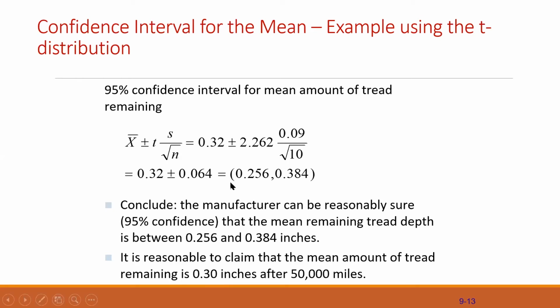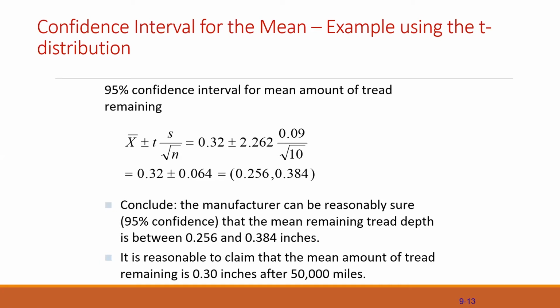Now, based on the interval, 0.3 is within the interval. So it is possible, right? The interval tells us the population average can be anywhere between 0.26 and 0.38. 0.30 is within that range. So it is reasonable to claim that the mean amount remaining is 0.3 after driving 50,000 miles.